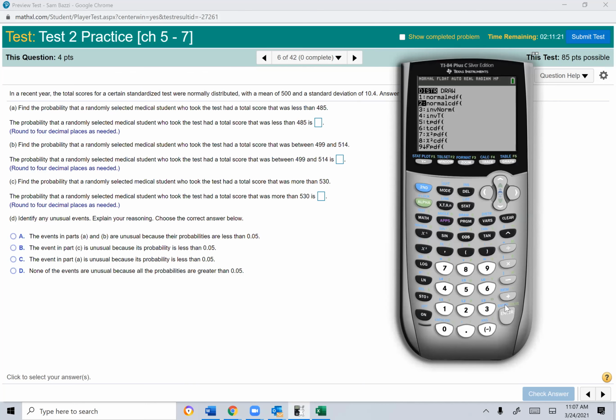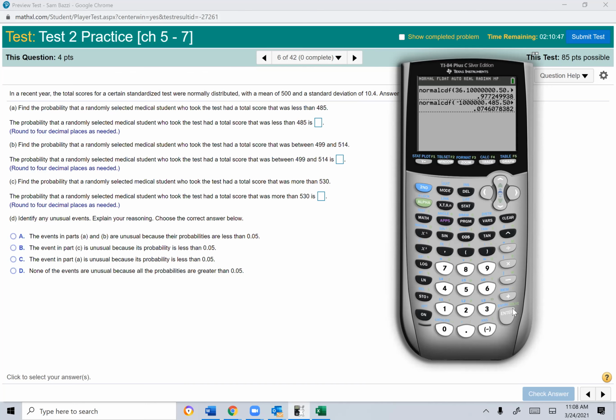We don't use PDF, it's only CDF. Okay, less than 485. So you guys agree with me, when it is less, you start with -1 million. Then enter, then 485. Then the mean, 500. Then the standard deviation, which is 10.4, and then paste. There you go. That's the probability.